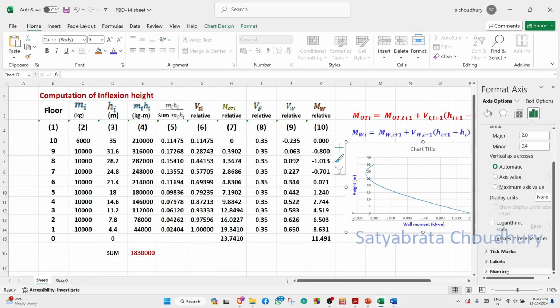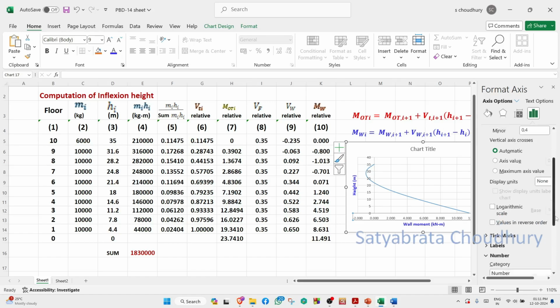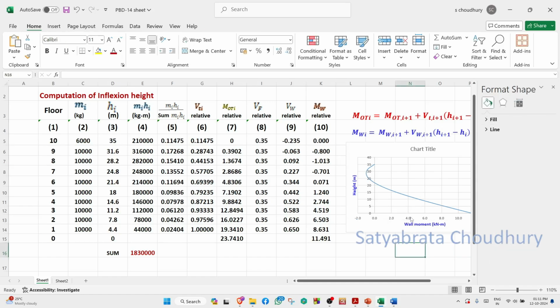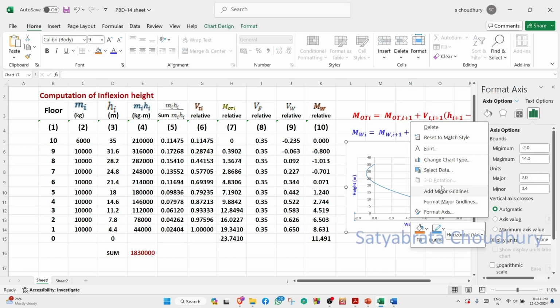This number has become decimal, with so many places of decimal. Let us reduce this decimal place to say 1, and you can bolden it.